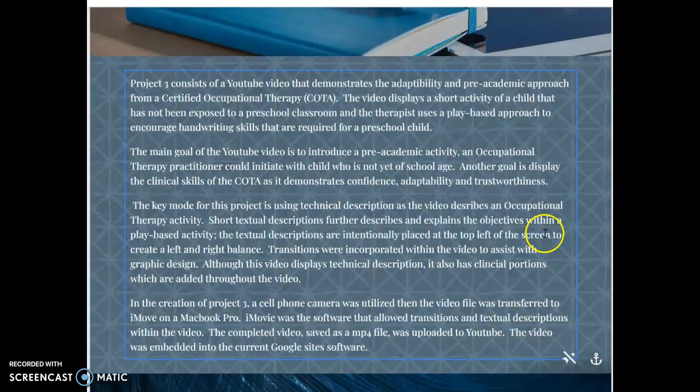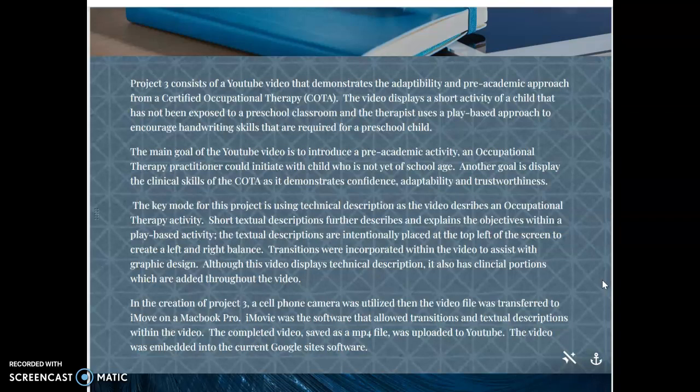And then revising this one, I didn't want this to feel redundant compared to Project 1. I also kept in mind that perhaps some of the readers that read Project 1 would have a better understanding of what occupational therapy is.